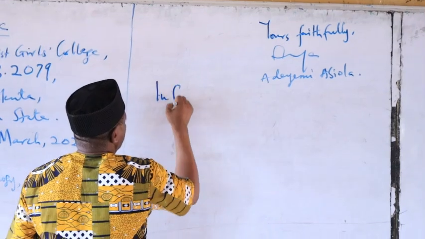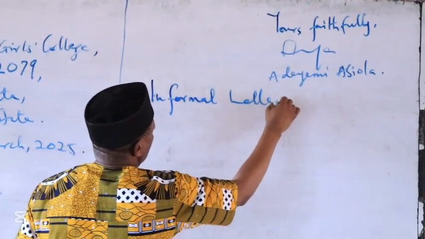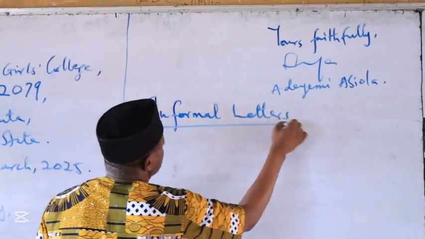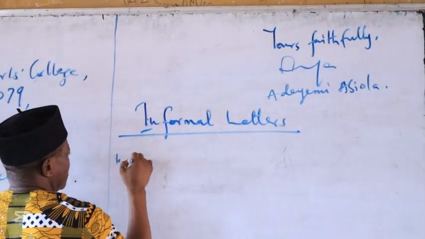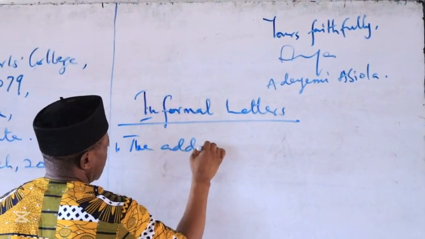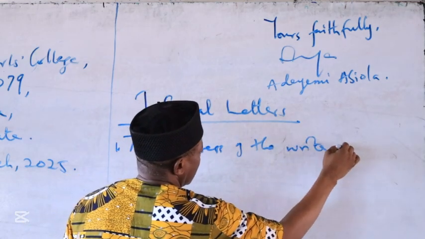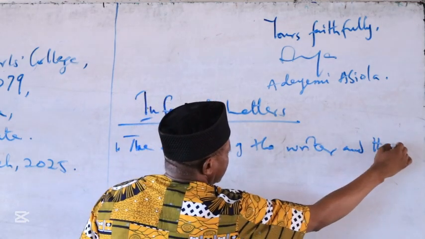To write an informal letter, the following steps will be taken. 1. The address of the writer and the date.